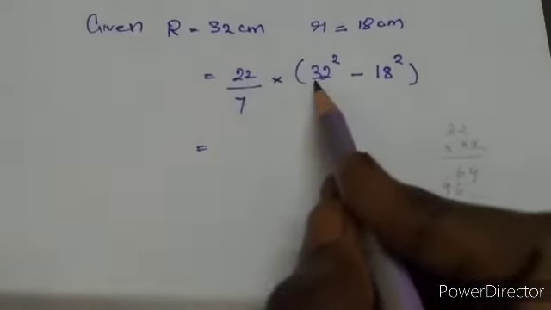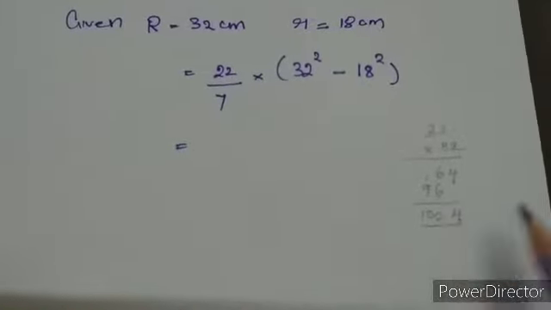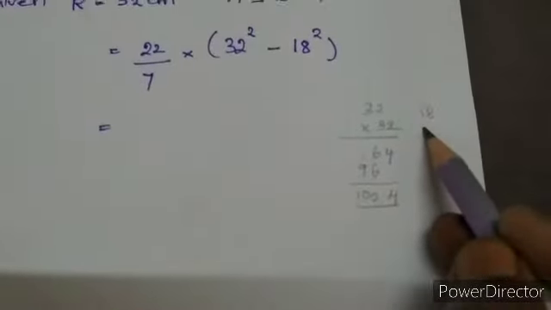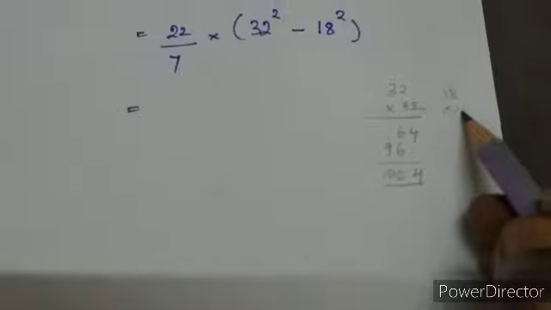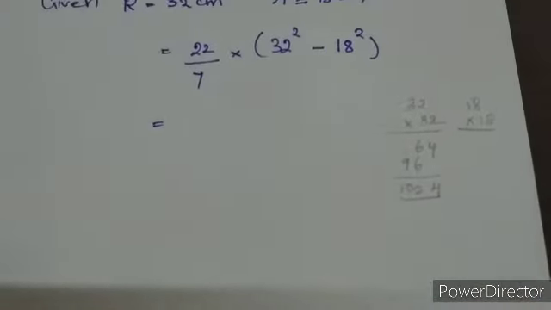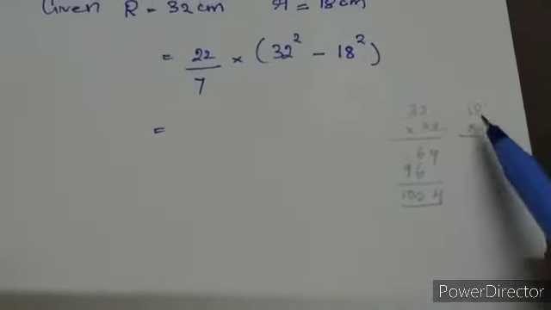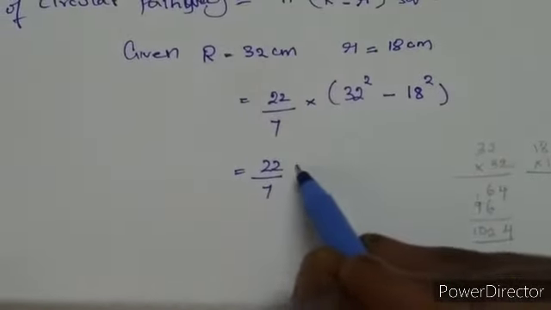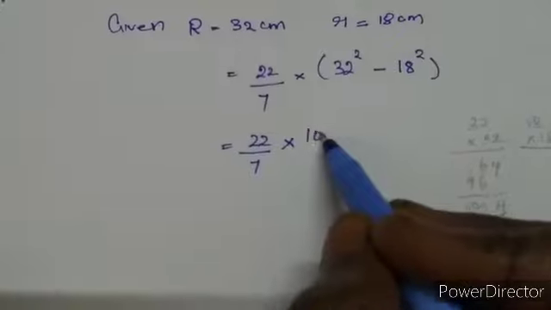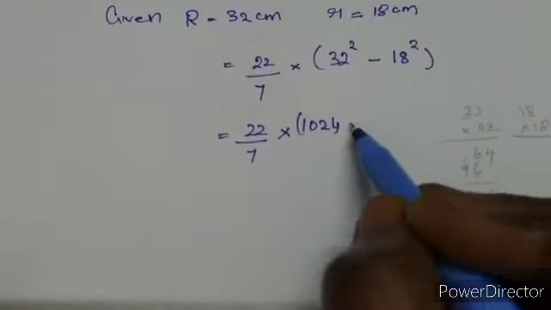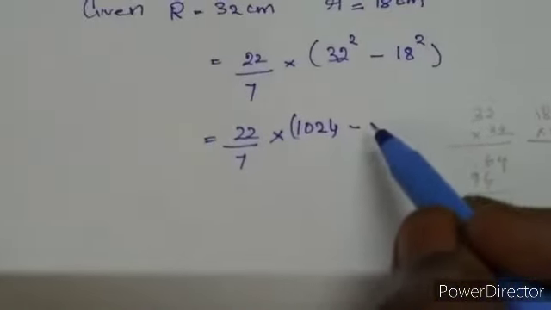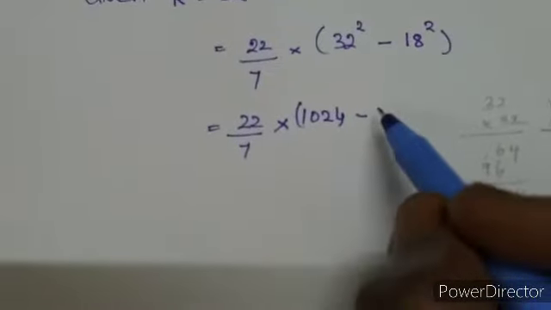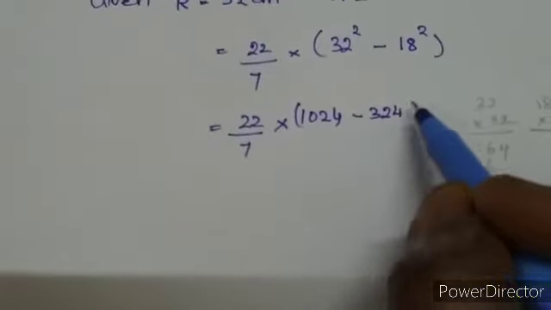So 32 square is equal to 1024. Same like that you have to find the value for 18 square. We have to multiply 18 2 times. Now 22 by 7 into 1024 minus 18 square. If you multiply the base 2 times, you are getting 324.